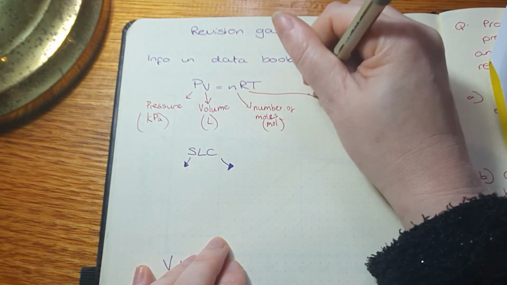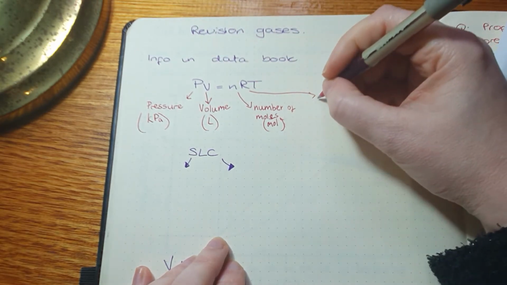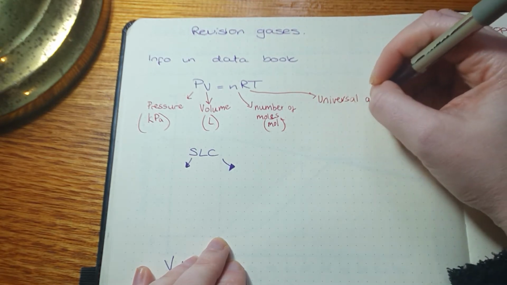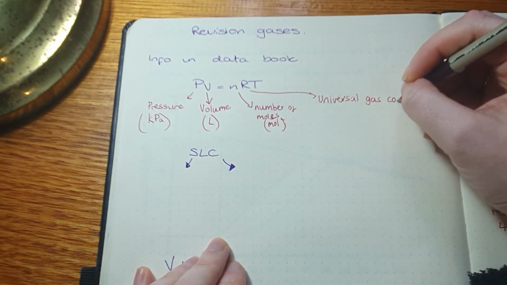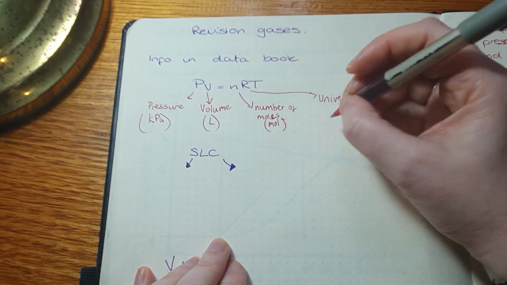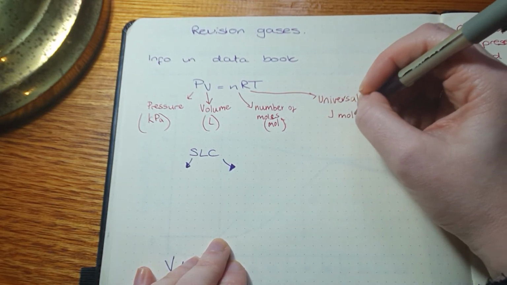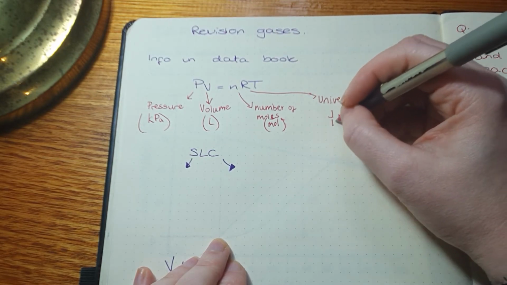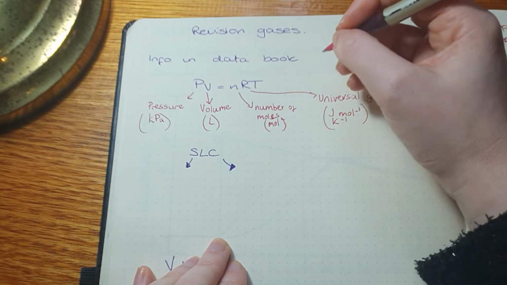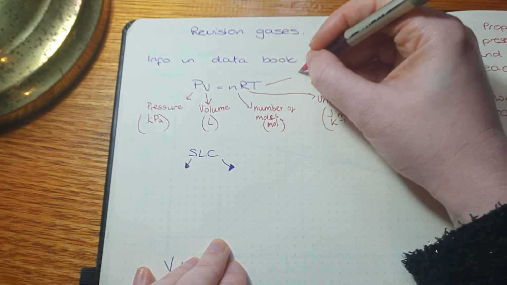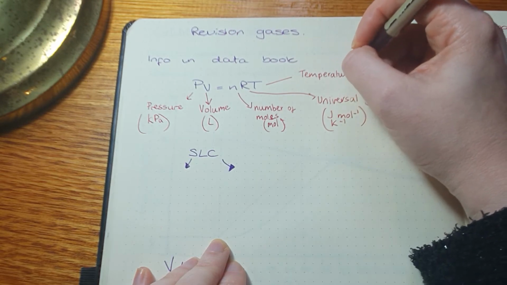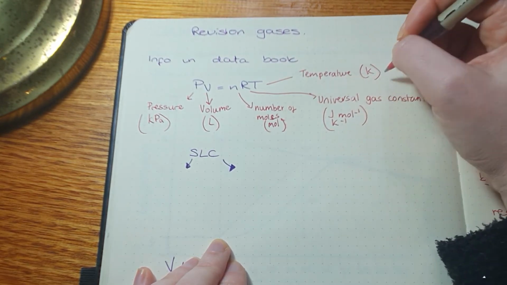Then we have R, which is our universal gas constant. Don't need to think too much about how they've worked it out, it's one of those experimental things you're just given. And then the last one is temperature, which is in Kelvin.